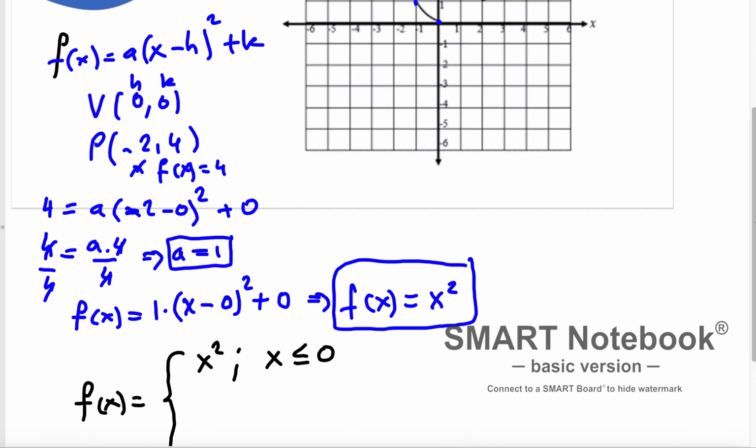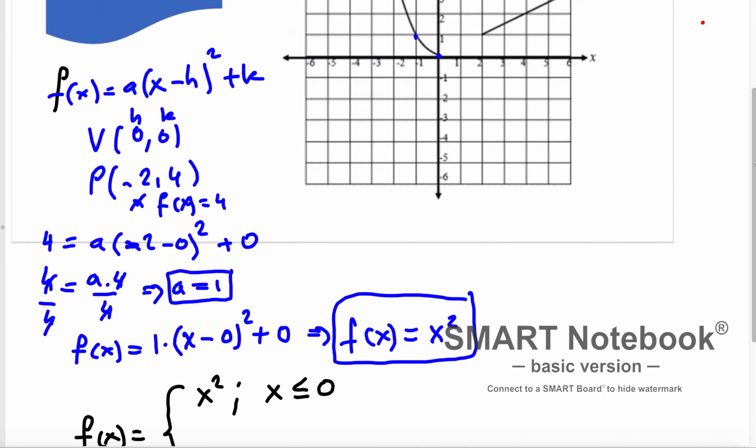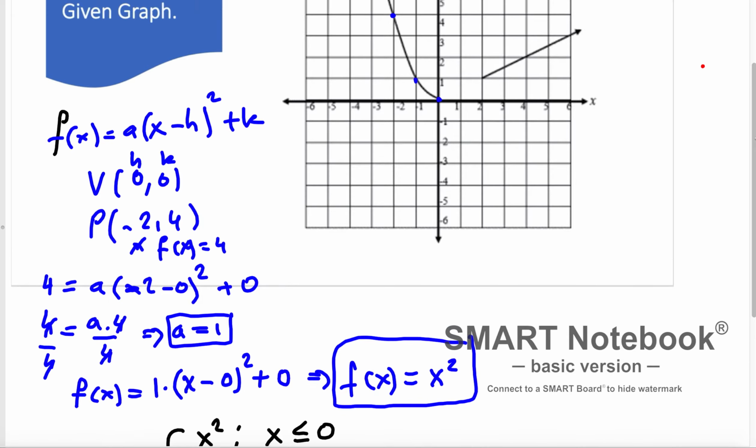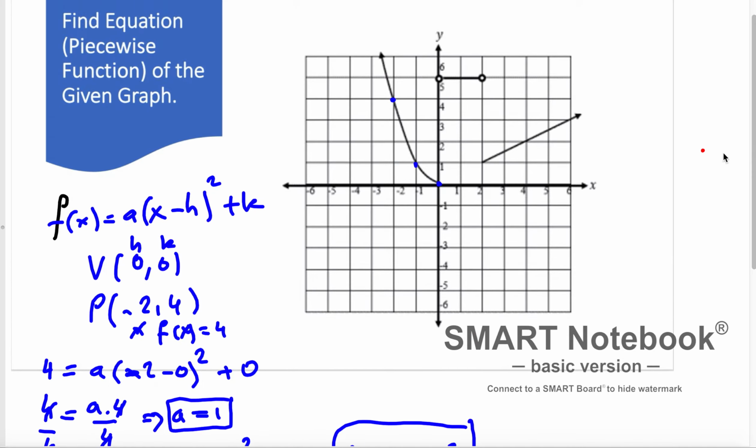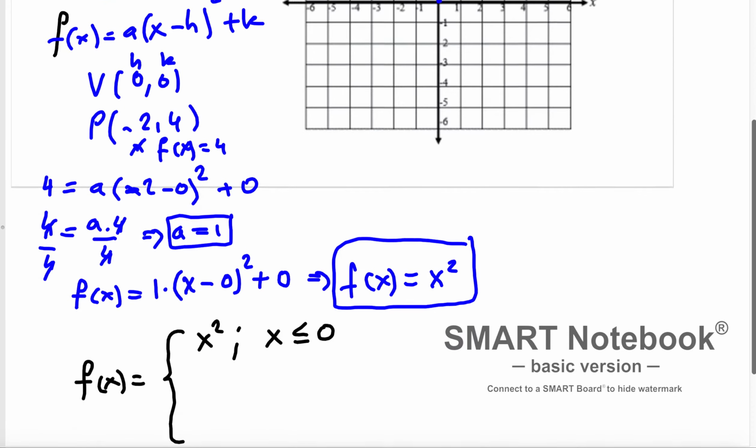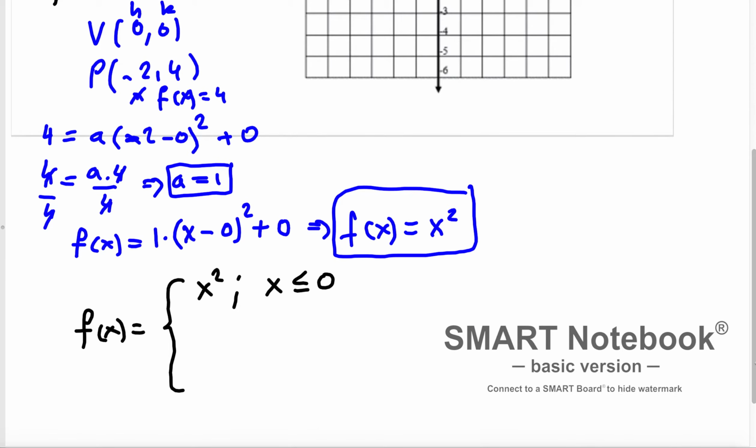Then I'm going to look at the restricted domain from 0 to 2. If we are looking from 0 to 2, we have this function here. This function we already know: y is equal to 6, because the intercept is 6, and this is a constant function. So f of x is equal to 6. Now we can go down and write this function in the piecewise function here.